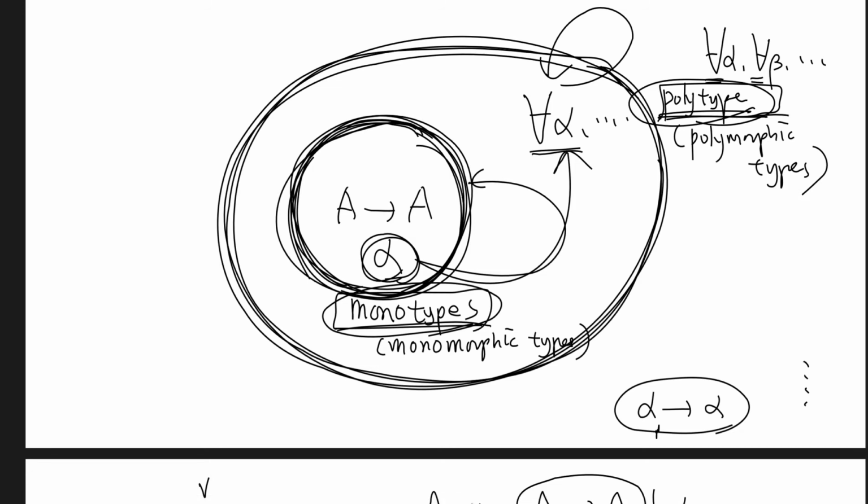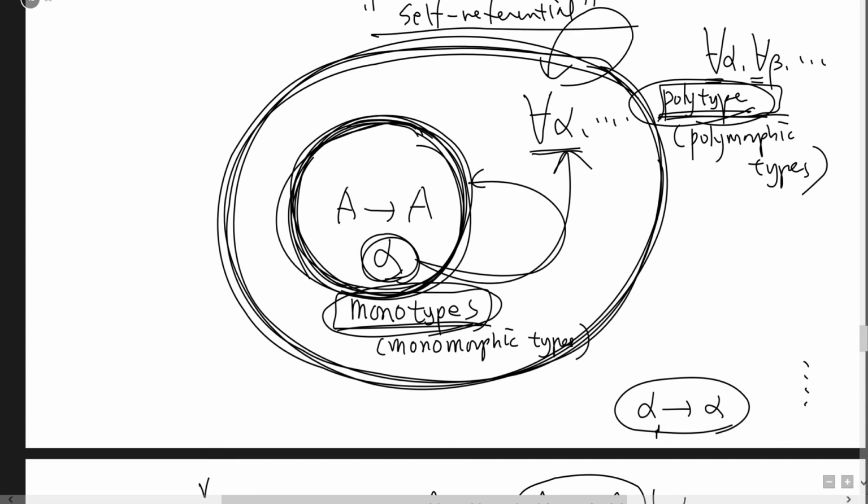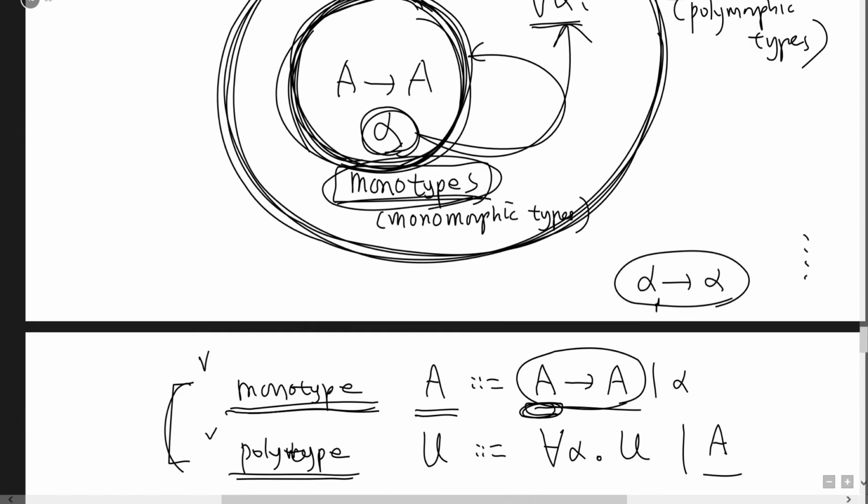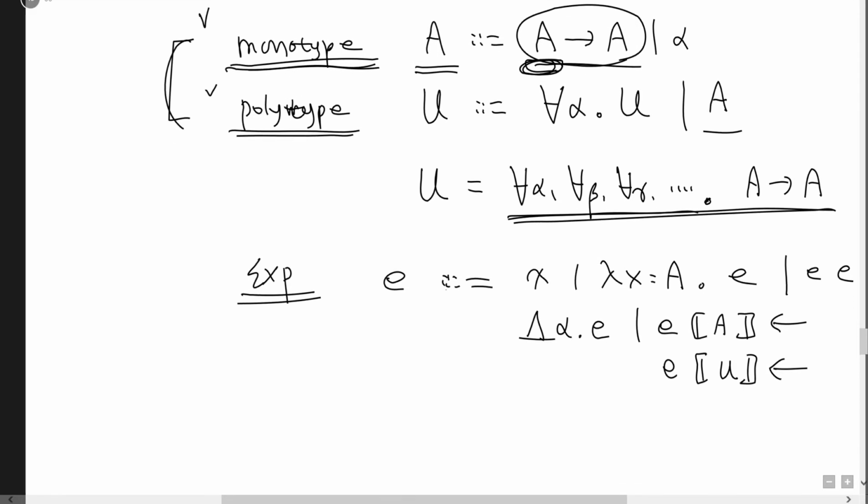Then the instantiation becomes self-referential. So in order to forestall this self-referential phenomenon, we allow only monotype in type application. So this is never allowed. And that's also another critical part in the definition of predicative polymorphic lambda calculus. So that's the definition of expressions.